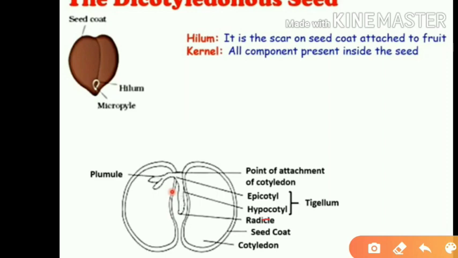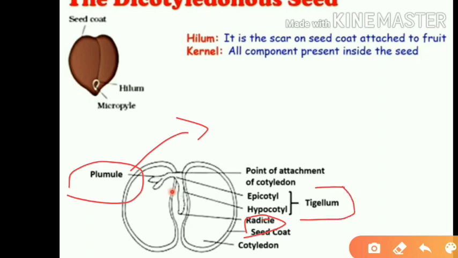In dicotyledons, this epicotyl and hypocotyl are differentiated into plumule and radicle. The plumule further develops into the shoot system, and the hypocotyl elongates into the radicle, which further develops into the root system. Together, both are also called the tigellum.